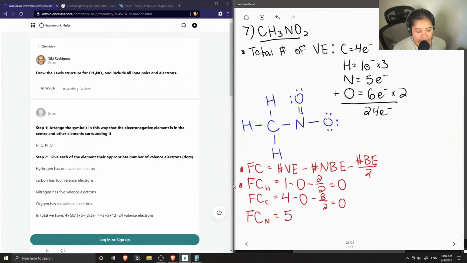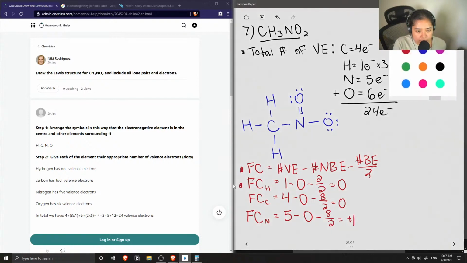Nitrogen has 5 valence electrons, and there are no lone pairs on the nitrogen, so we have 0 non-bonding electrons. And there are 4 bonds to our nitrogen, so we have 8 bonding electrons divided by 2. So the nitrogen will carry a positive 1 charge. So we can show that on our structure, like so.